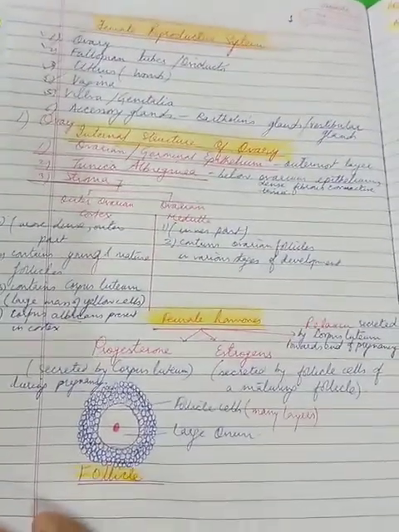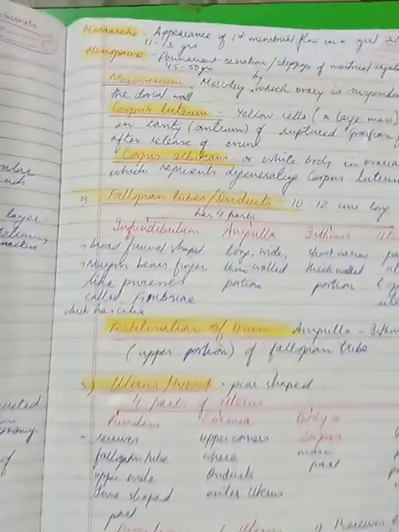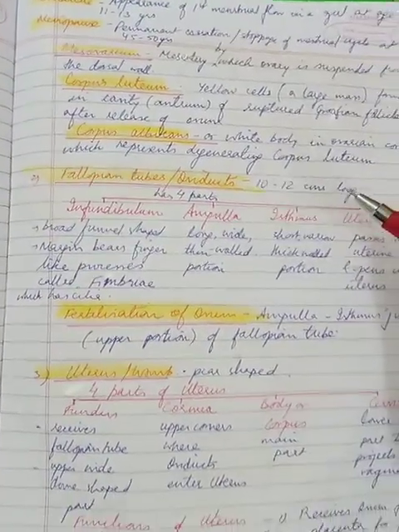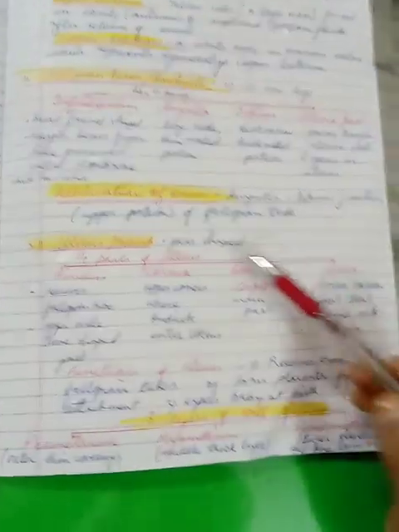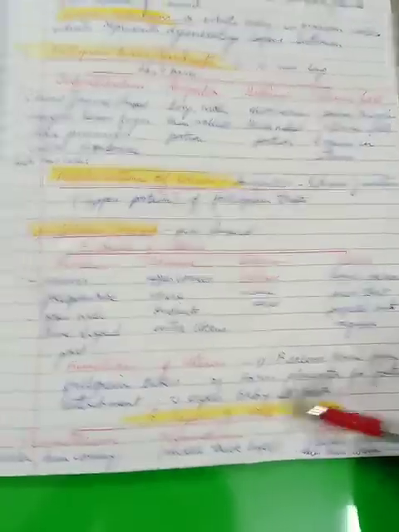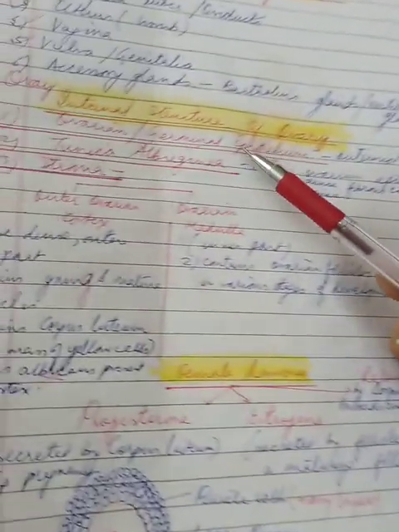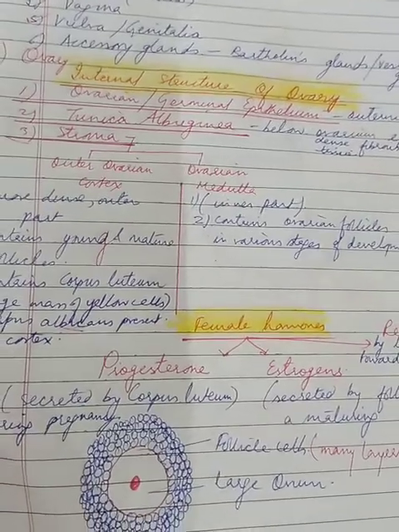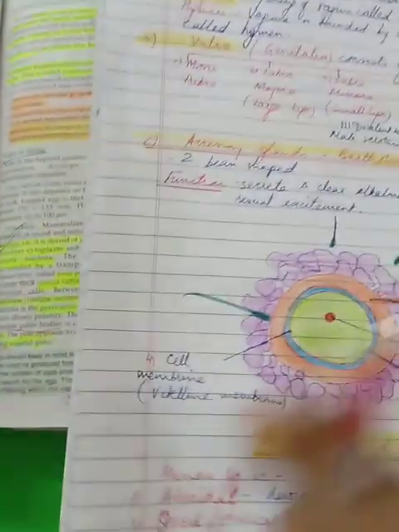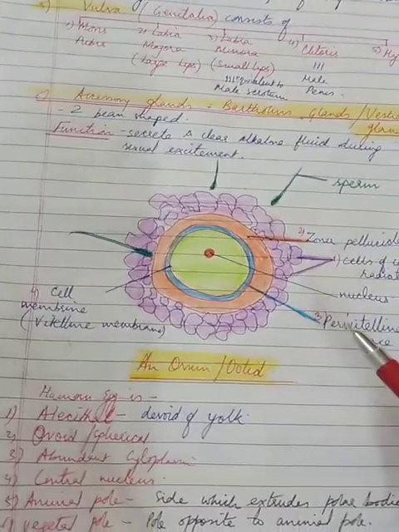We have completed the female reproductive system, terms especially like menarche, menopause, corpus luteum, corpus albicans, uterus, the main parts, 3 layers, and most importantly, children, the internal structure or microscopic anatomy of the ovary. Finally, the structure of the ovum.